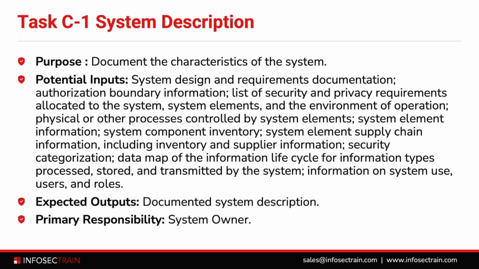Then also authorization boundary, like the boundary within which the system operates, needs to be understood. Then the list of the security and the privacy requirements needs to be understood. Also, any physical or other processes that control the system elements need to be documented in the system description.